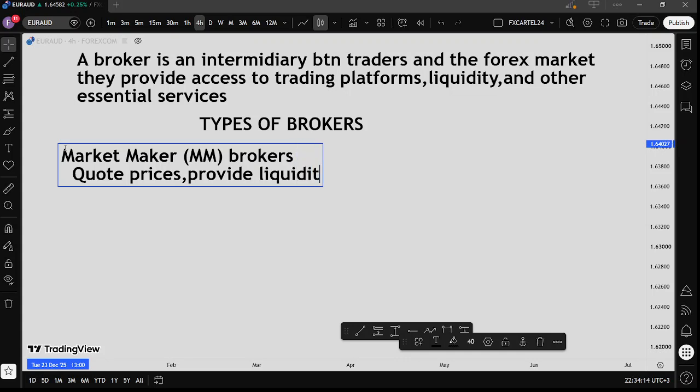So market makers, this is what the word means. When you hear someone in the market say you have become a market maker, it means you quote prices, you set the prices, and you provide liquidity, all that money. But in the end, a human being can't move the market.